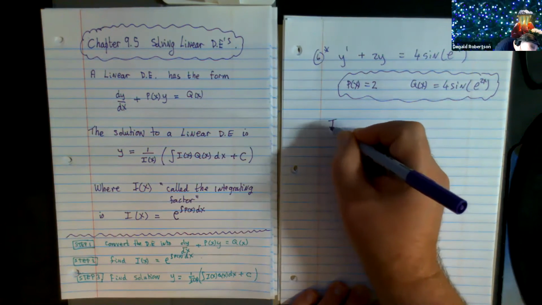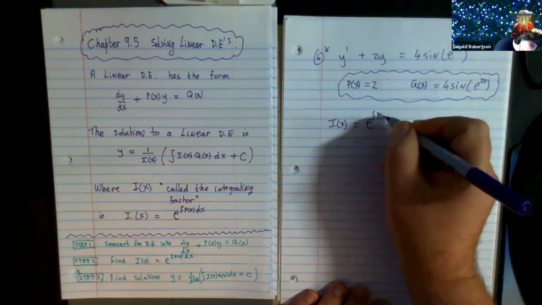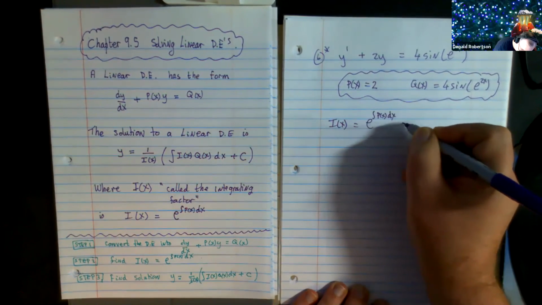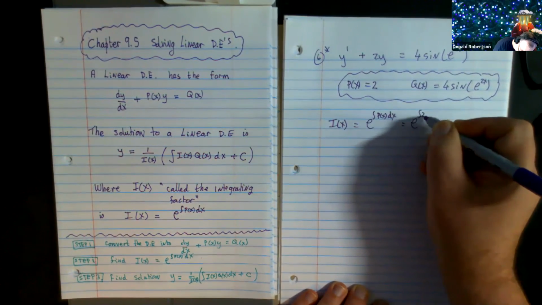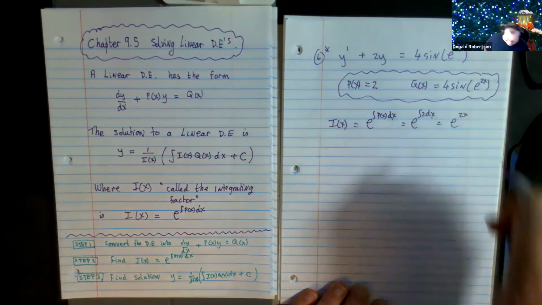My integrating factor is e to the integral of p of x, which is e to the integral of 2. Oh, I see what's happening. It's that guy.